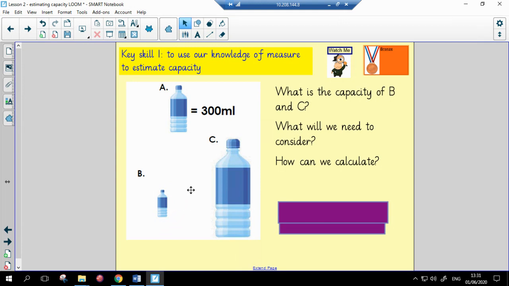Now, bottle C is much bigger. It's possibly about 4 times bigger than bottle A. So this time we can say 300 millilitres multiplied by 4 is 1,200 millilitres. Hopefully you all understand that we can use our mathematical skills to help us to estimate the capacity.